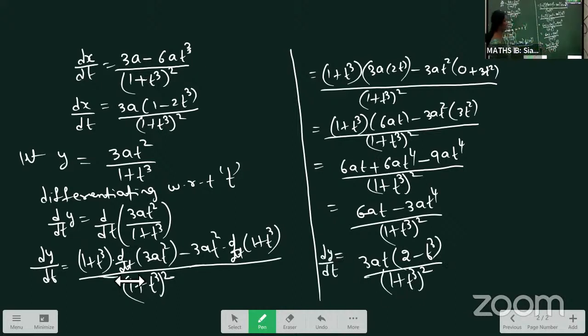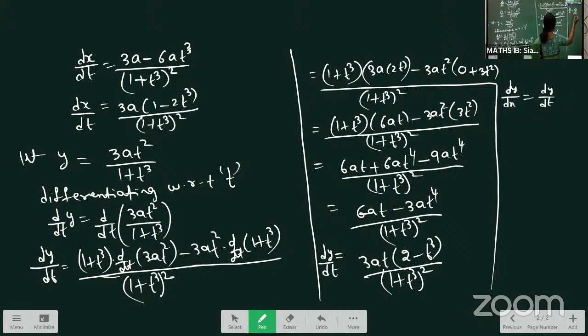But in the question, he is asking dy by dx. So in the question, we want dy by dx. It can be written as dy by dt by dx by dt. Both dt get cancelled. We'll get back dy by dx only. Substitute dy by dt. dy by dt is 3at into (2 minus t cube) by (1 plus t cube) whole square, by dx by dt.